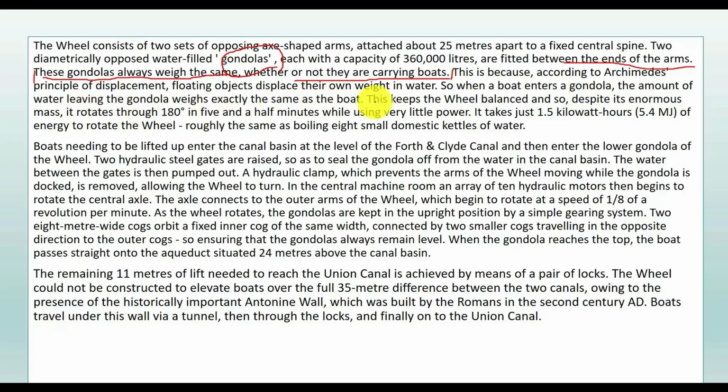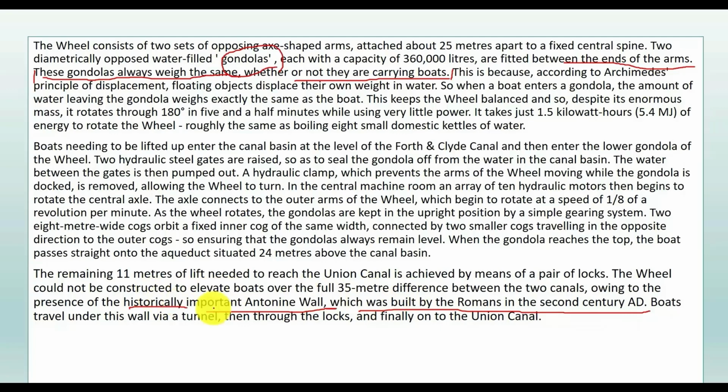Okay, historically, I find the word historically here. Historically important Antonine Wall, which was built by the Romans in the 2nd century AD.